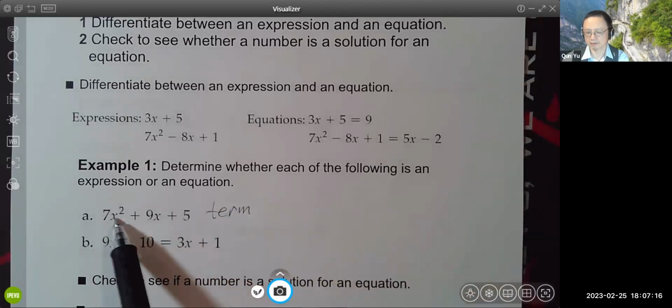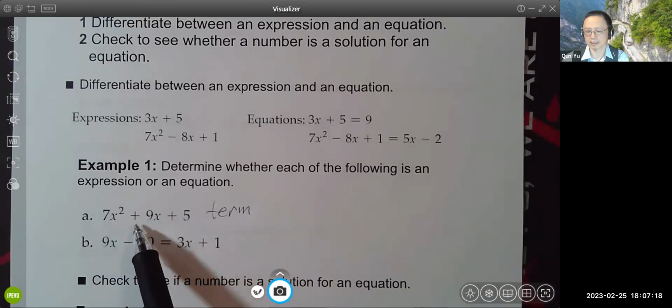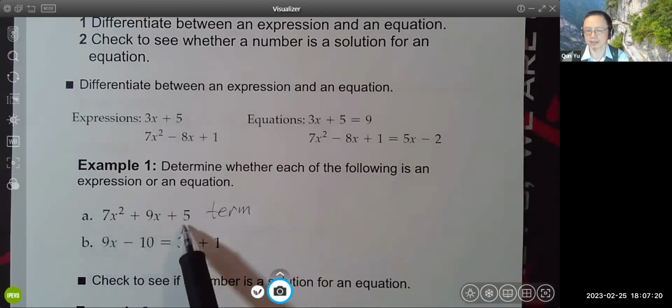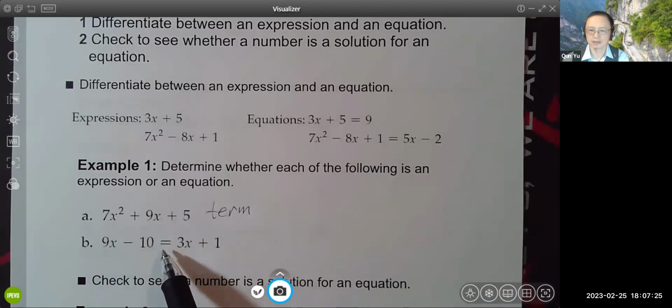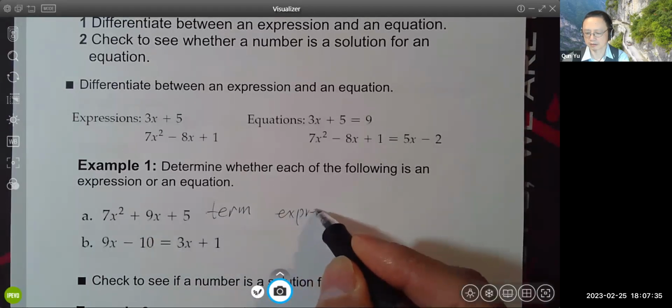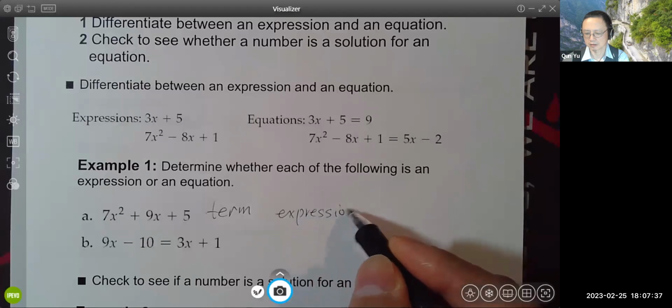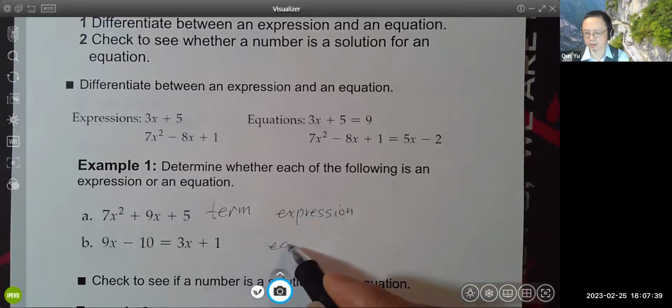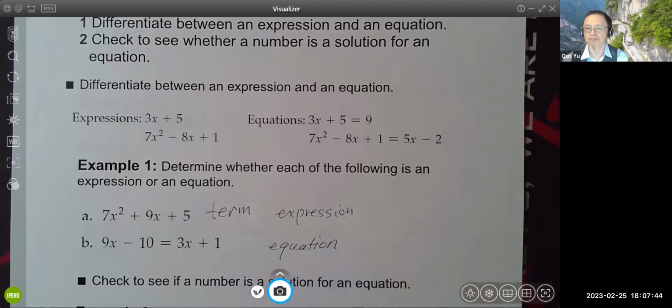So you have different terms connected by either plus or minus, you get an expression. But if you have an equal sign, it is an equation. An equation basically is an expression equals another expression. So the first one is an expression. The second one is an equation. So it's very easy to tell.